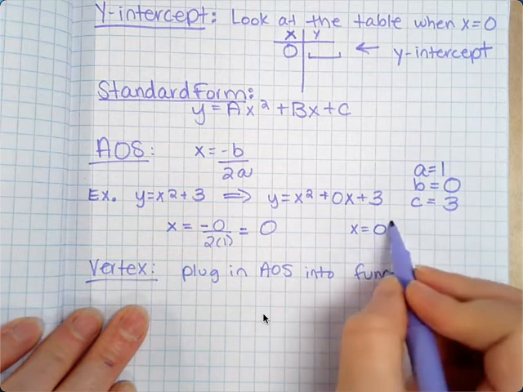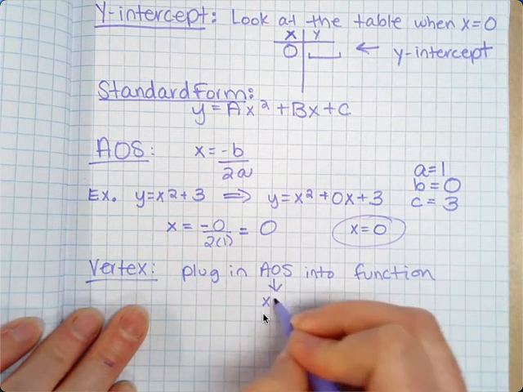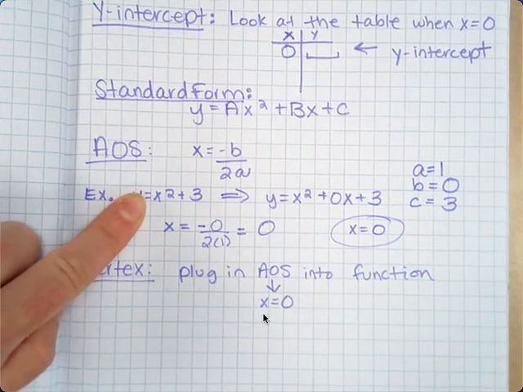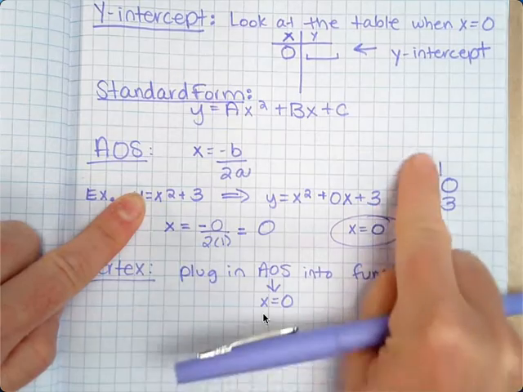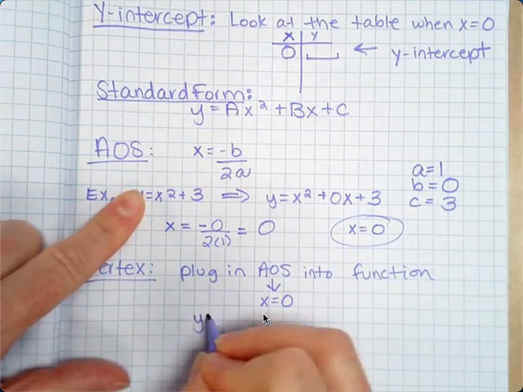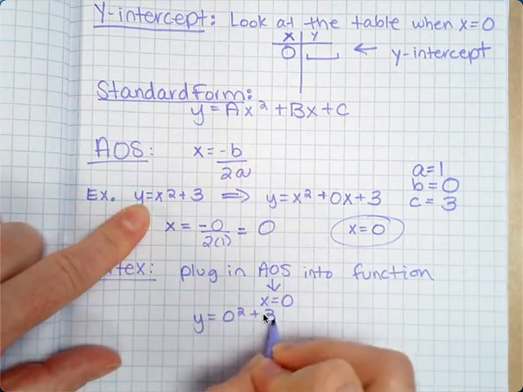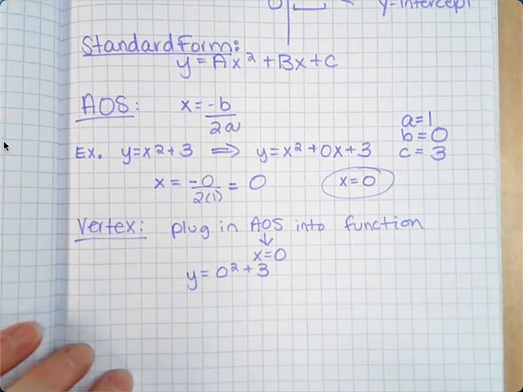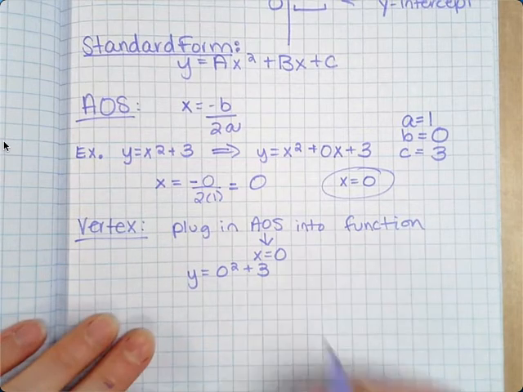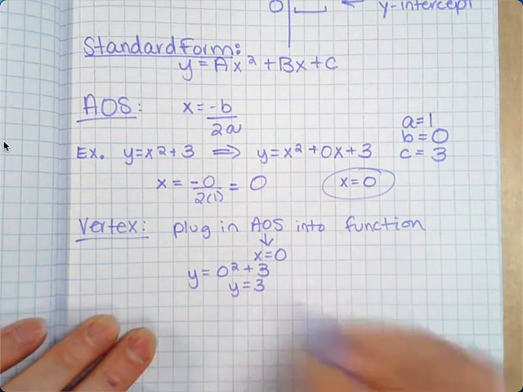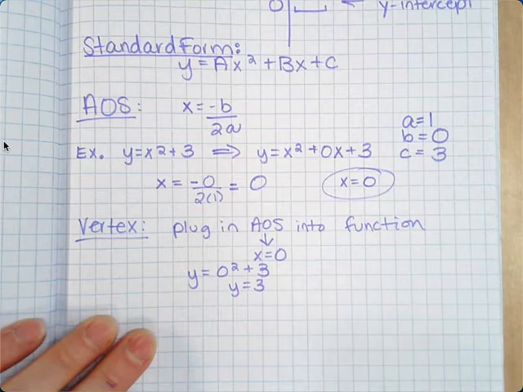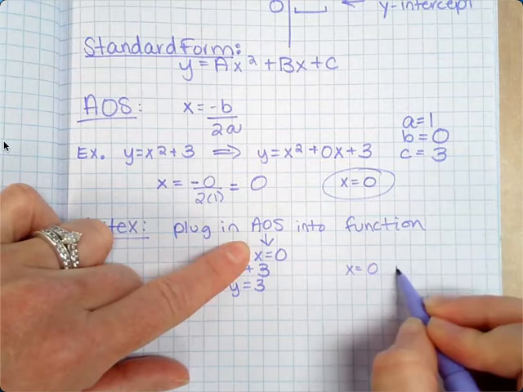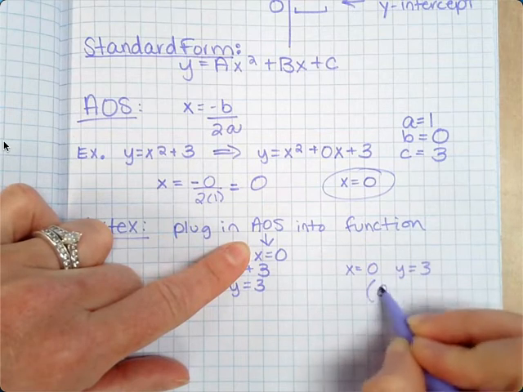So our AOS is x equals 0. We can use our original. We don't have to use the one that we had the b. That was just to find our a, b, and c. So it'd be y equals 0 squared plus 3. So then y equals 3. So our vertex is when x equals 0 and y equals 3. So our point is 0, 3.